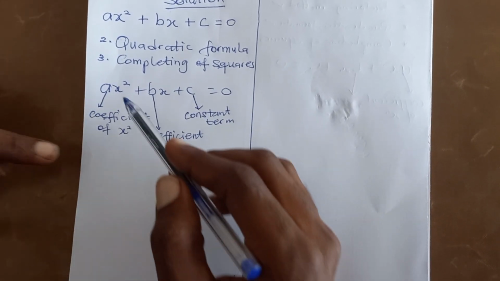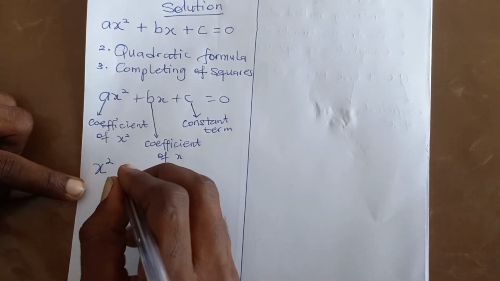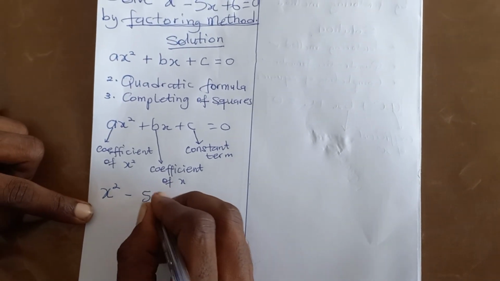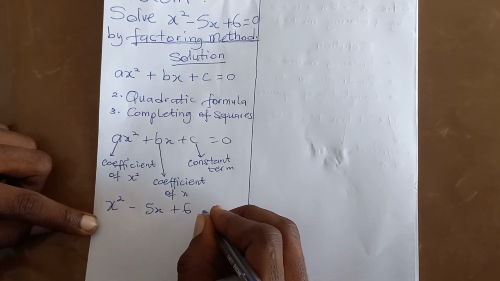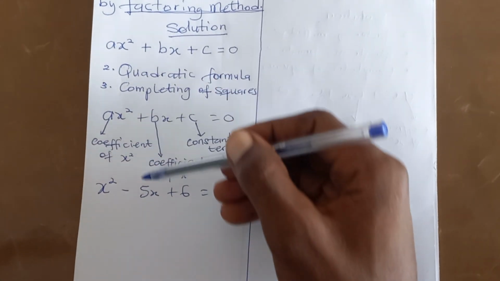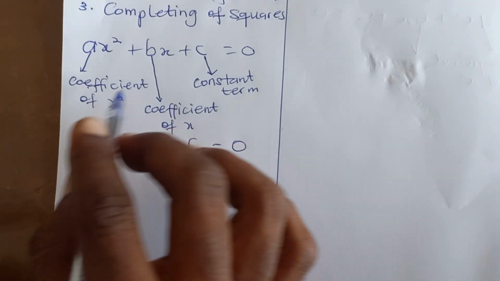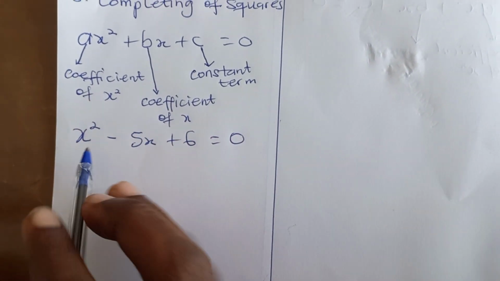So we are going to compare this to our problem, which is x squared minus 5x plus 6 equal to 0. Comparing the general form to our problem here, we can see that our coefficient of x squared, the a, is 1.